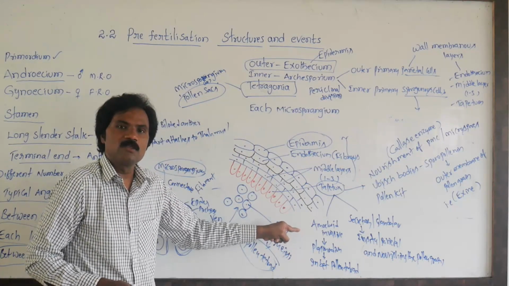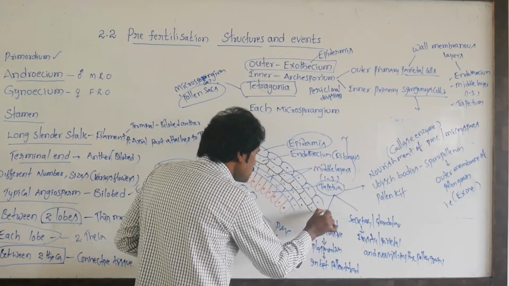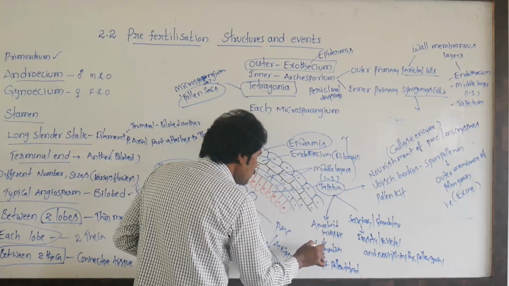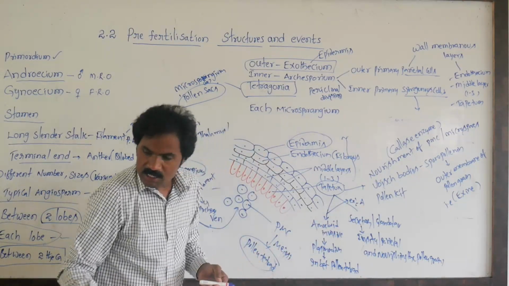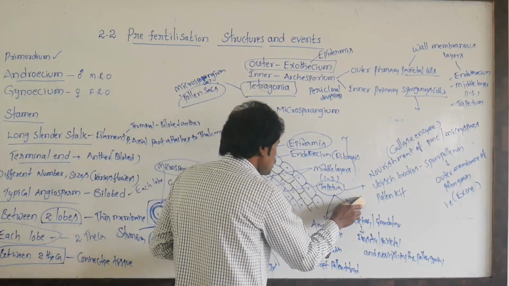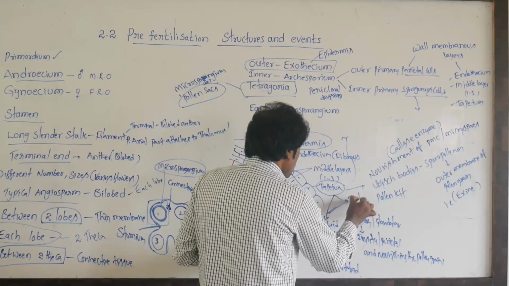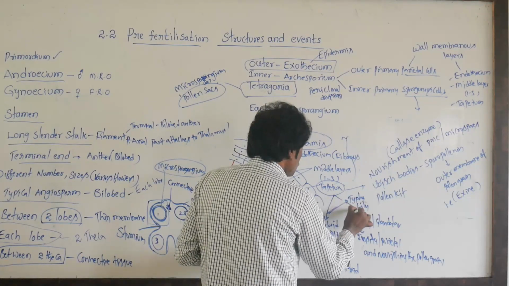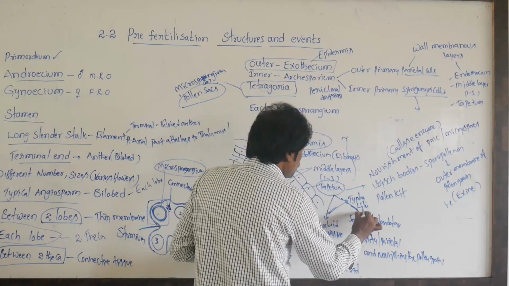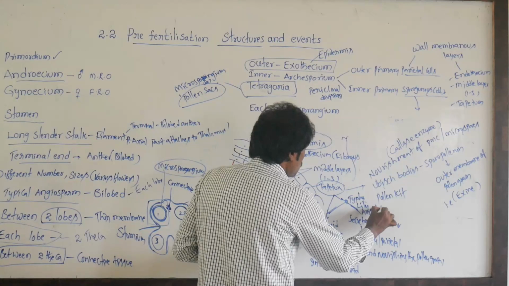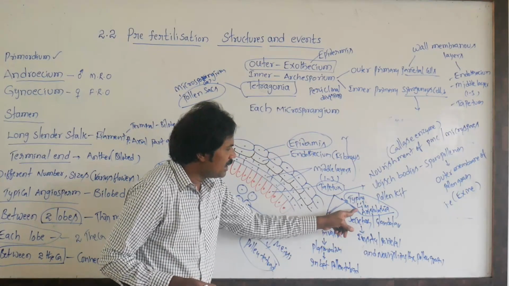So in what type of plants is it normally present? Amoeboid, such type of tapetum cells, we observe more probably in Typha, lily, and Aristolochia.